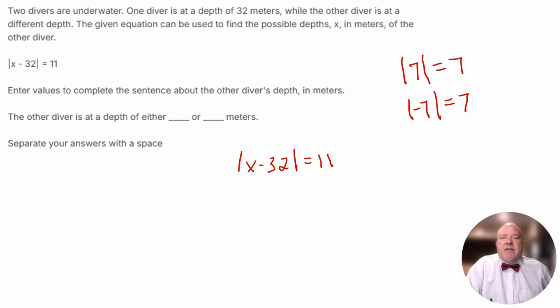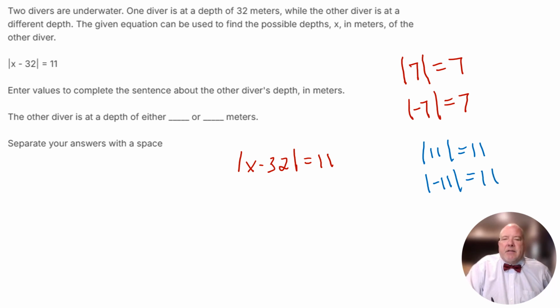So what that means is if you look at x minus 32 equals 11, what's inside the absolute value bars could be 11 or negative 11. The absolute value of 11 is equal to 11, and the absolute value of negative 11 is also equal to 11.